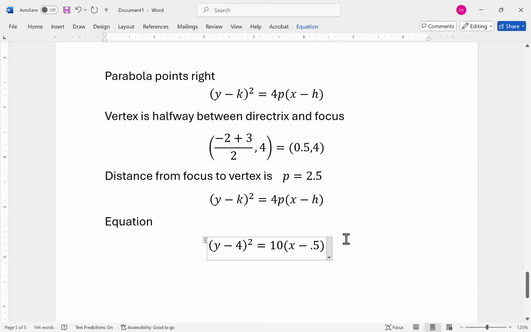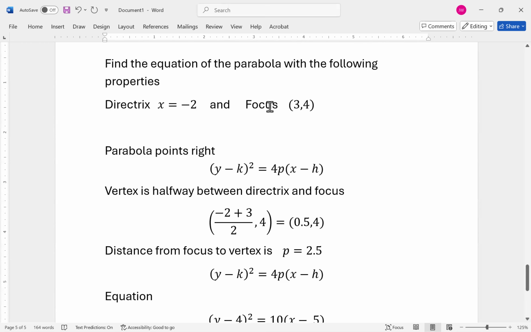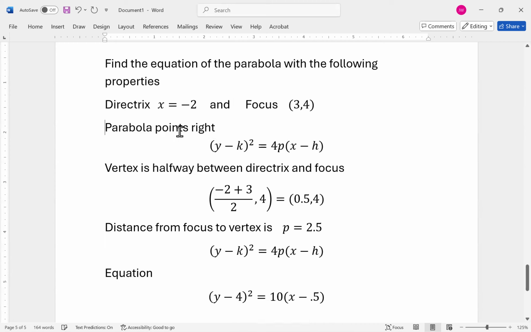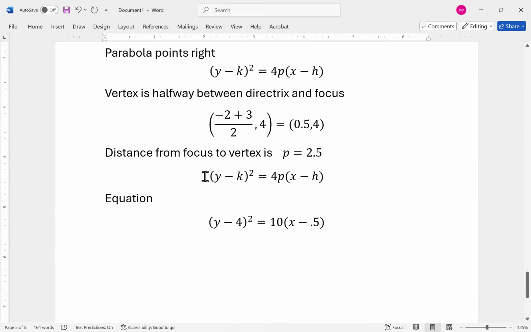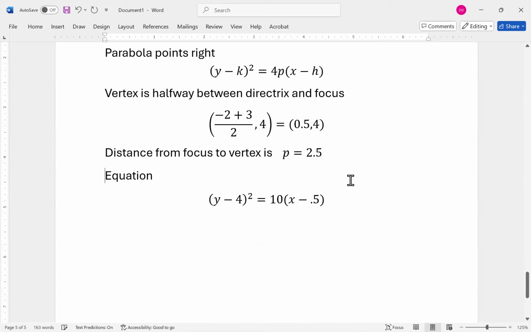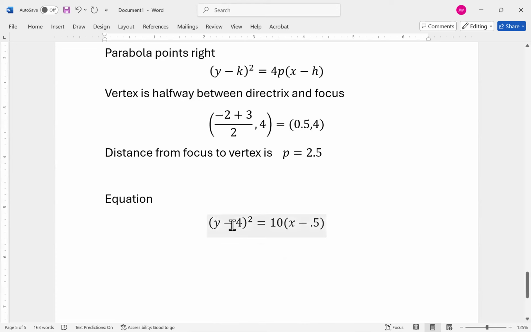We see it is 2.5. It's a positive 2.5 because we're pointing to the right. We knew that from where the focus was in relation to the directrix. And then we can just fill in our equation. This is what we're asked to find. The equation of that parabola is, in fact, this one.